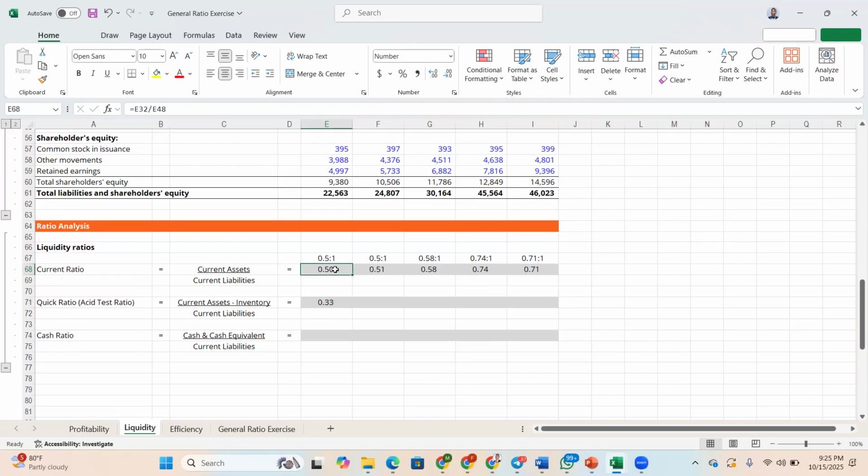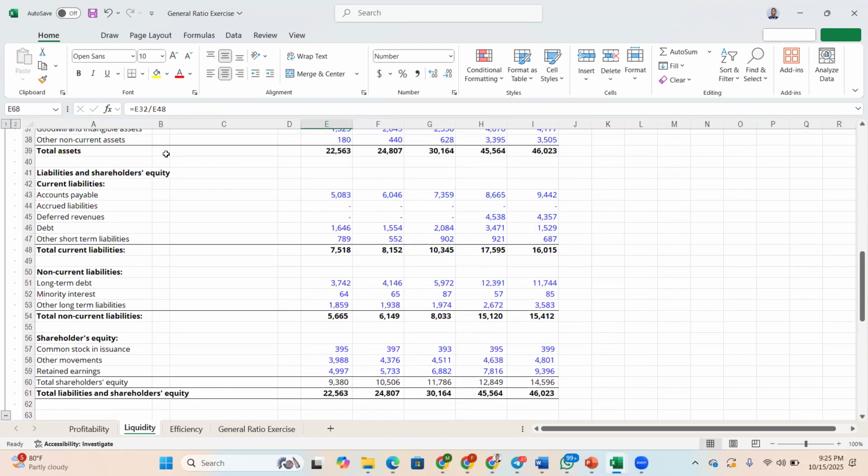Now, we can correct that. The line here is E32.